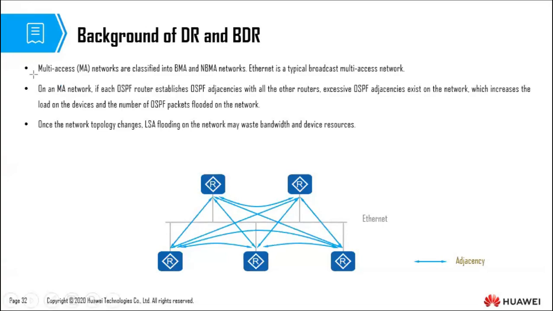It's just now. So we have what we call multi-access networks, such as BMA and NBMA. Ethernet is a typical broadcast multi-access network. By multi-access, what we mean is this. I think when you learn about NINI, maybe we might understand better.